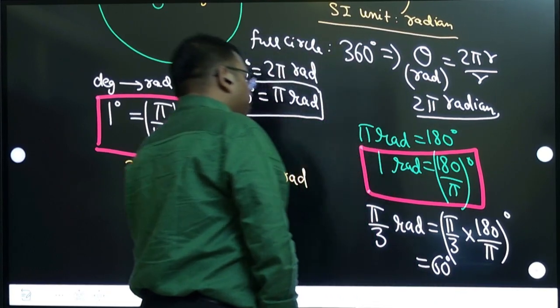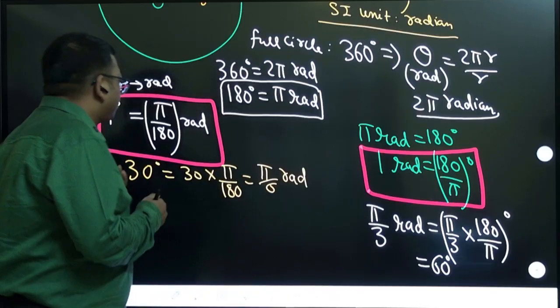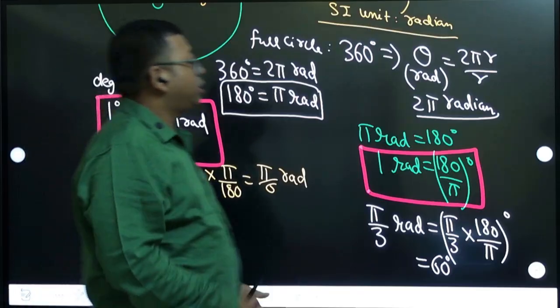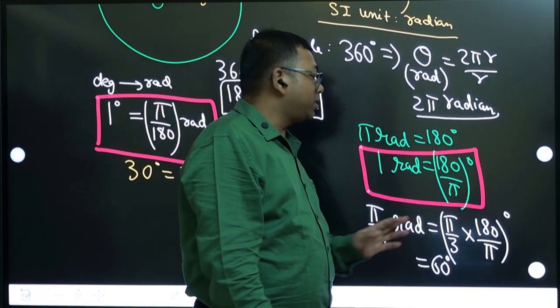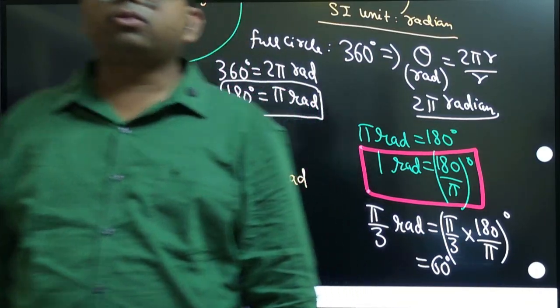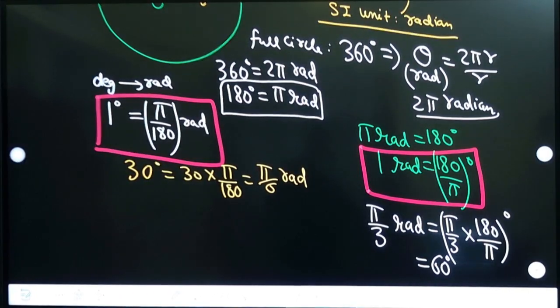So that's so simple. To convert from degree to radian, multiply by pi by 180. To convert from radian to degree, multiply by 180 by pi. This interconversion we should know first of all. Degree to radian, radian to degree, very important.